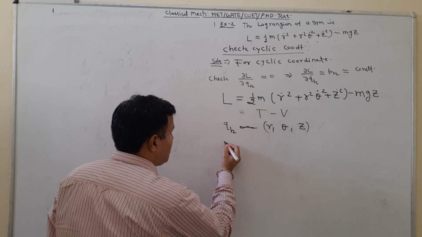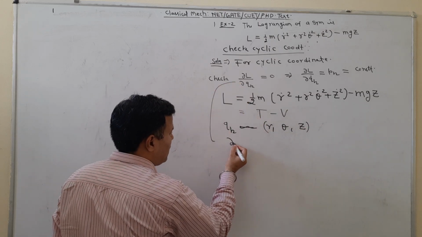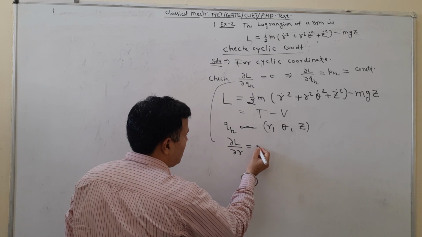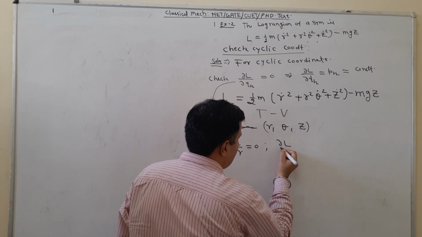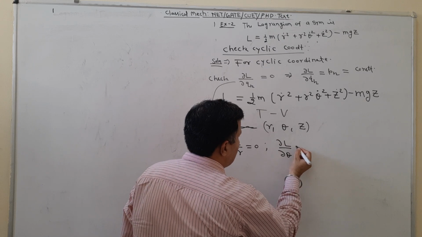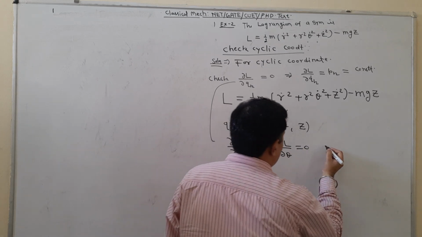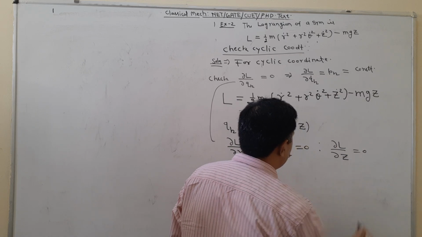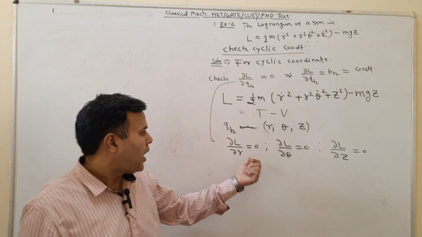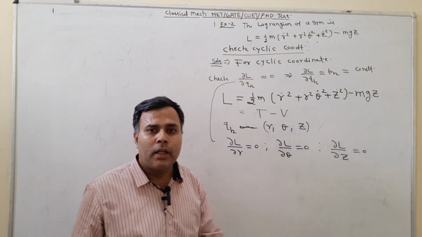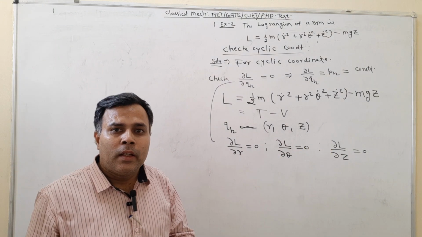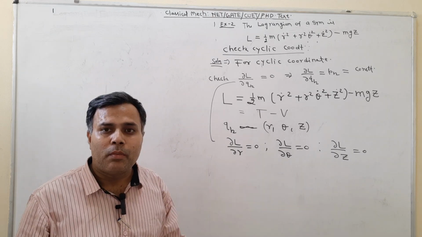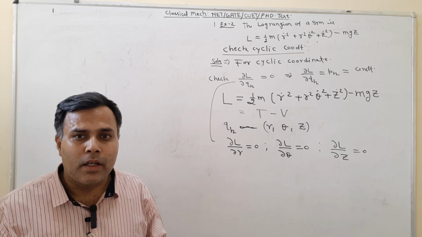So we need to check del L upon del r, del L upon del theta and del L upon del z. If all are 0, then our dynamical system has cyclic coordinates in r, theta and z.